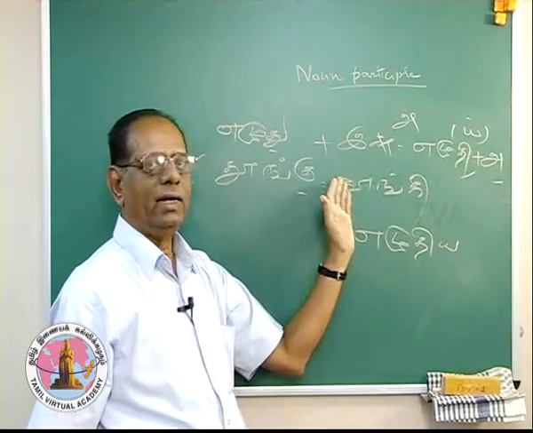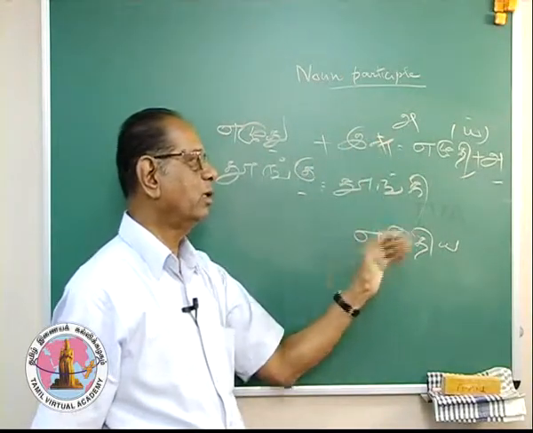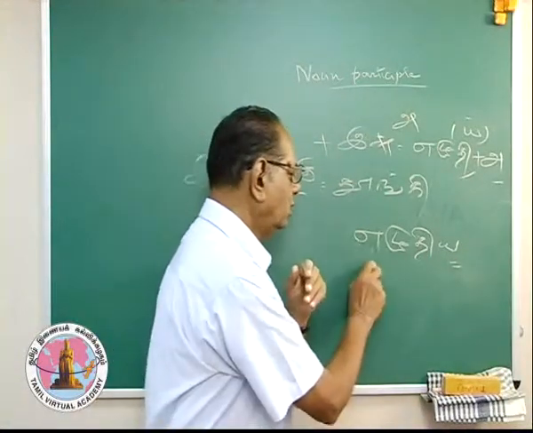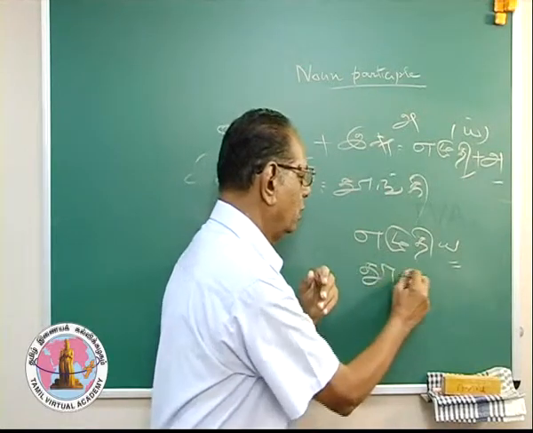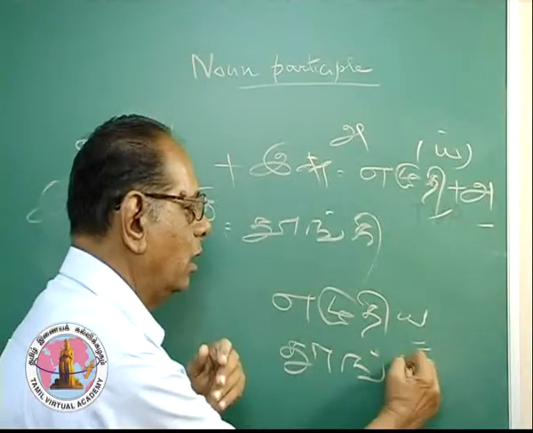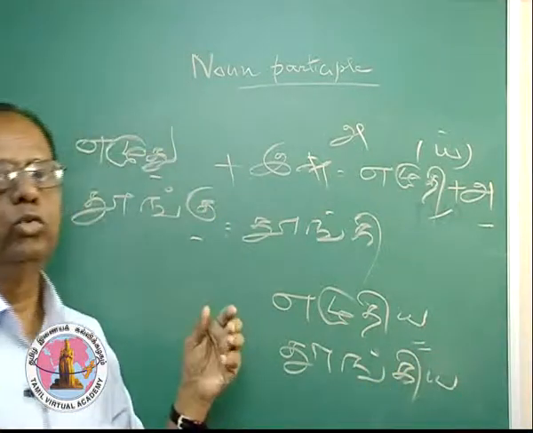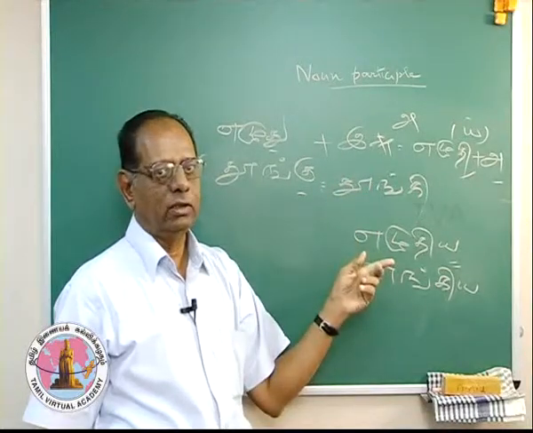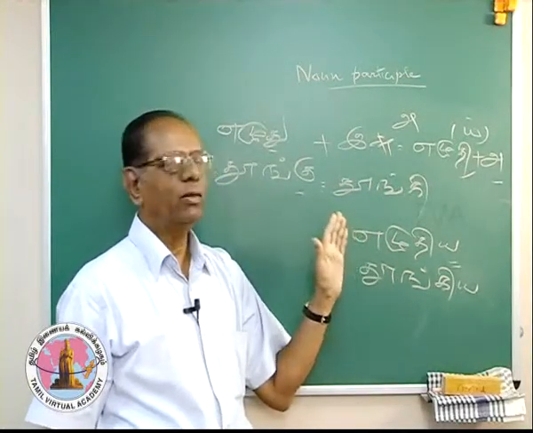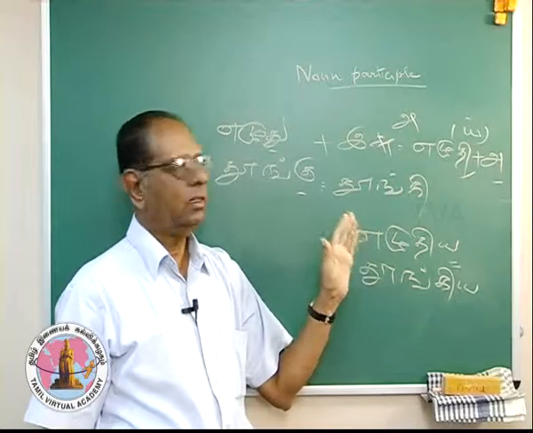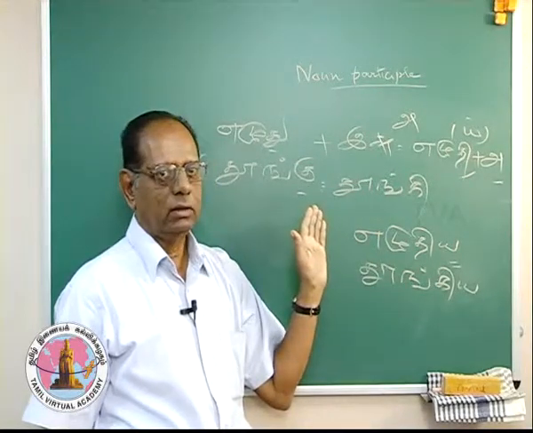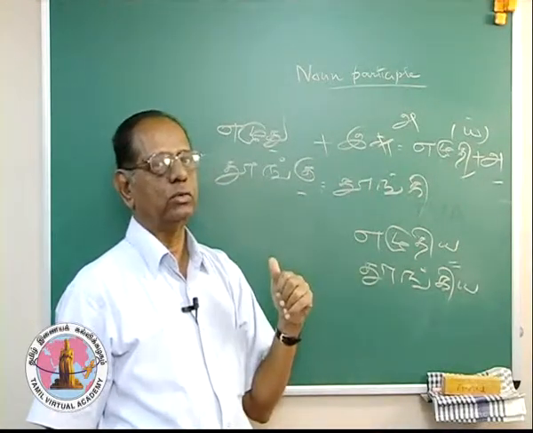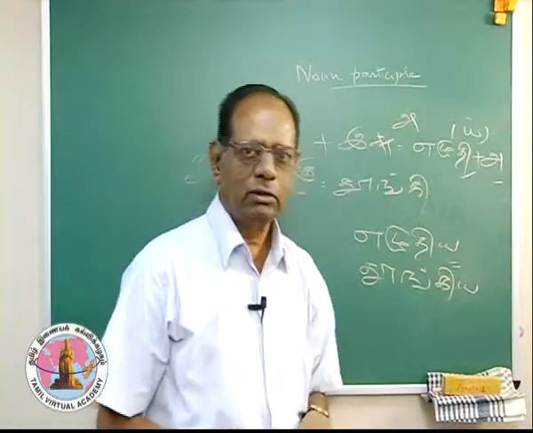When a is added for making it into a noun participle, they get a semi-vowel and they become ezhudhiya, thoongiya, etc. So, for the noun participle, the last letter would be a and the other forms are retained, that is, the tense marker and the root. We shall continue it in the next class.